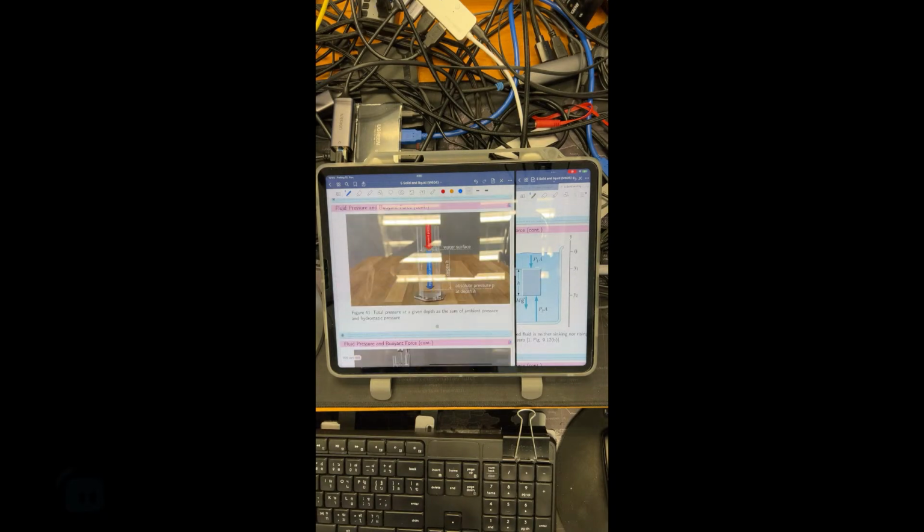So finally P is P0 plus rho g h. And if P0 is atmospheric, we're gonna have that also.